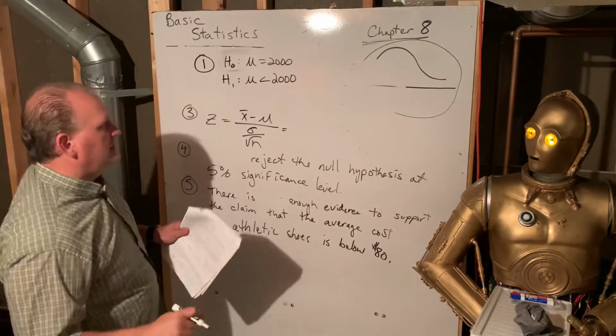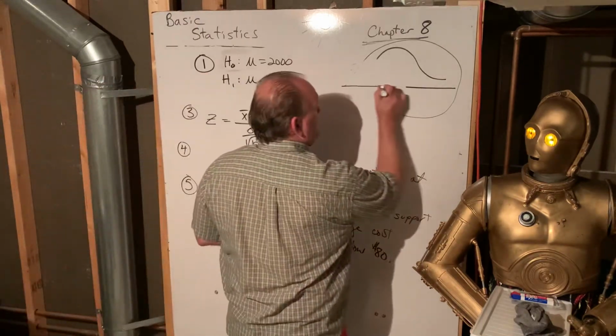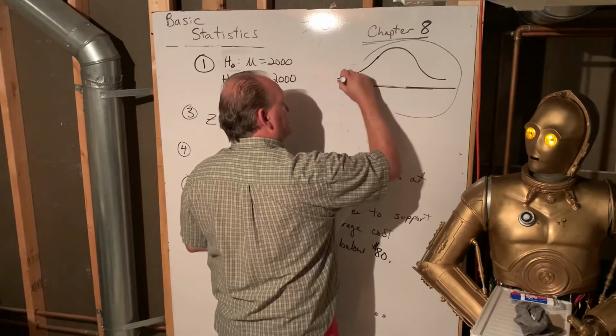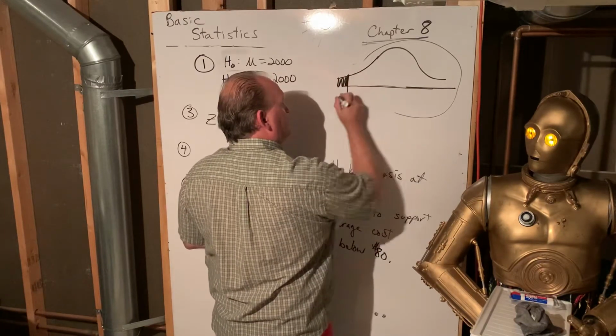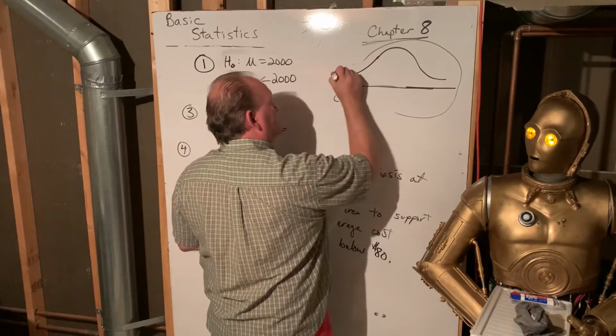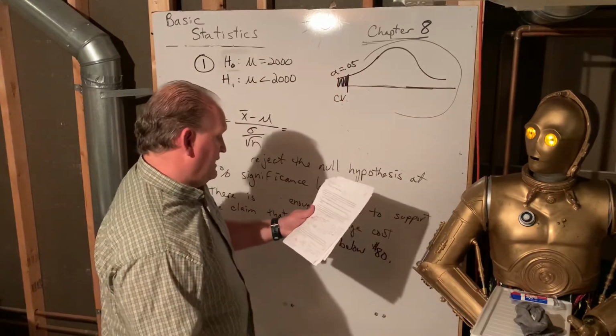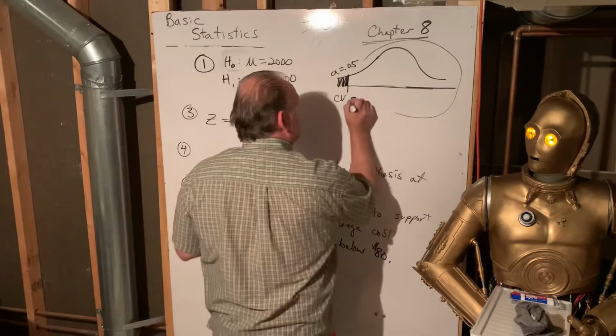All right, so that is again a one-tailed test. Our critical value at 5% is the same as it was above there, negative 1.645.